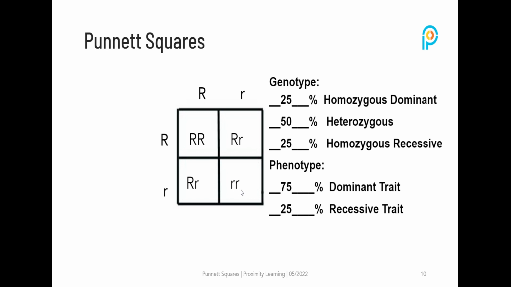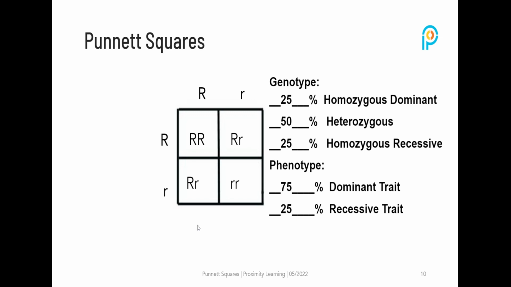They're the same, and they're lowercase. And then you have 50%, 2 of these out of 4, that are heterozygous, half of them. So the dominant trait, you have 3. If it has an uppercase letter, it is dominant. So 1, 2, 3. 3 out of 4 would be 75%, and 1 out of 4, 25%, would be the recessive trait.